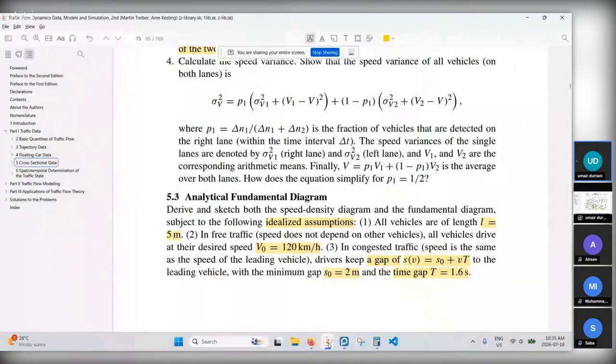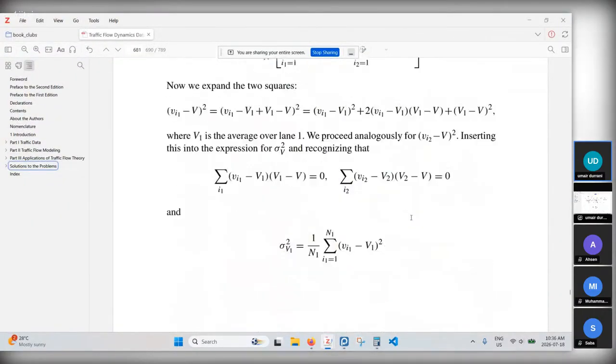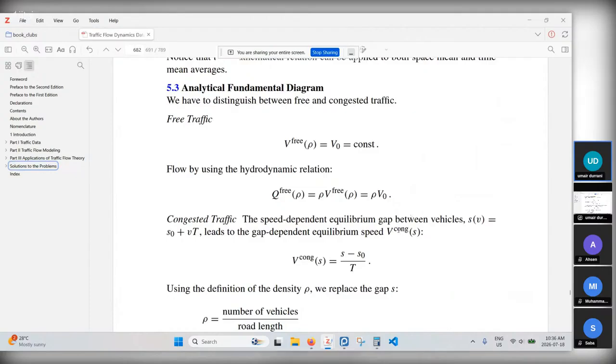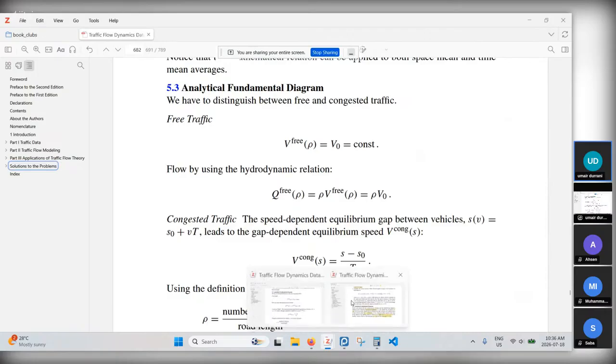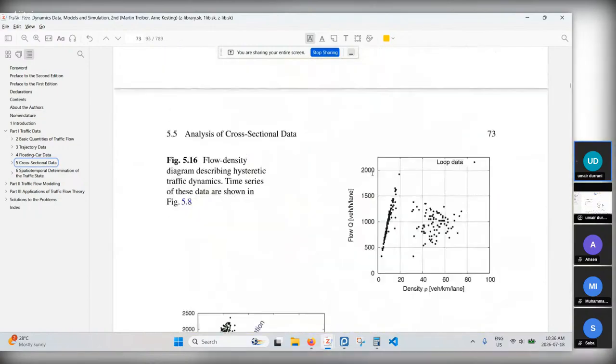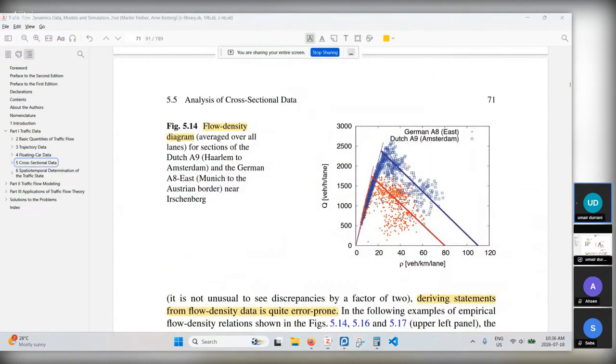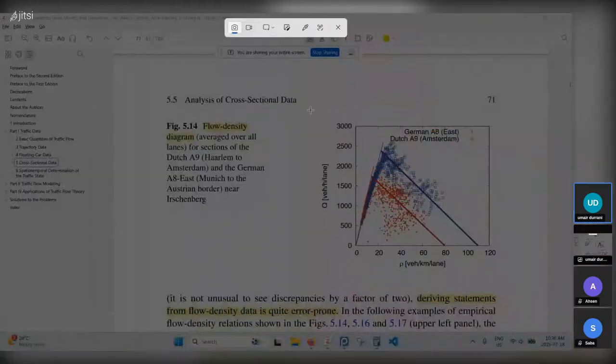Okay, so let's go to the solution here. This is 5.3. So here they say, because we have these two parts of the diagram, let's keep that diagram in front of us so it makes more sense of what we are discussing. I'm going to just take a screenshot of it here.